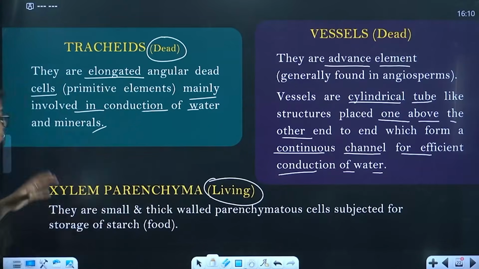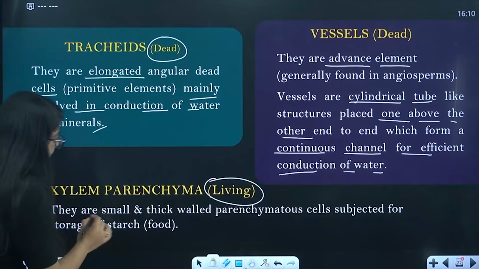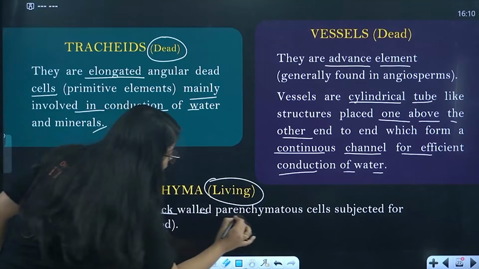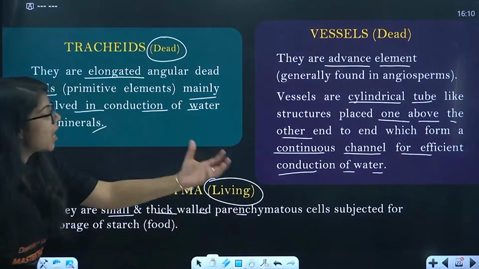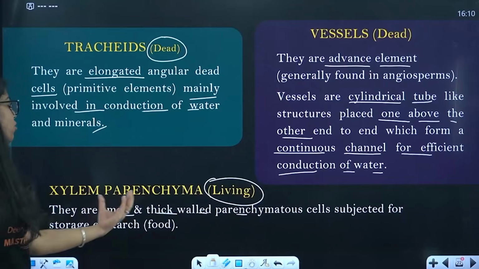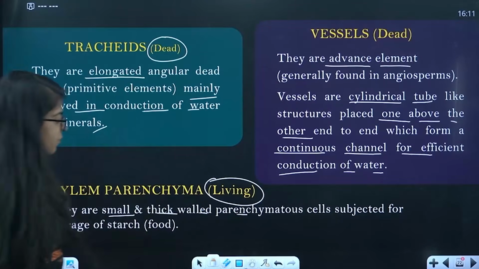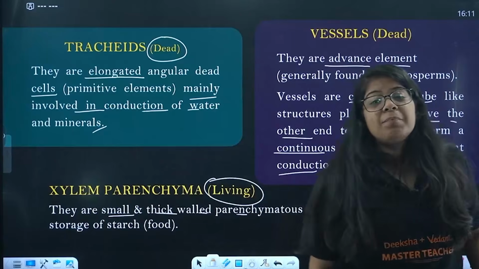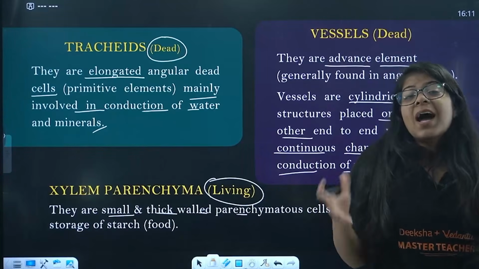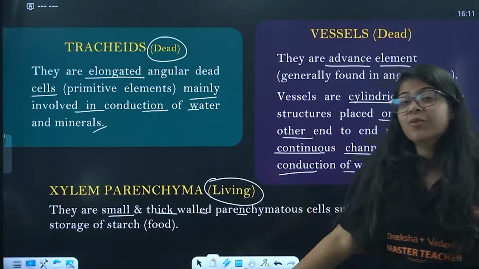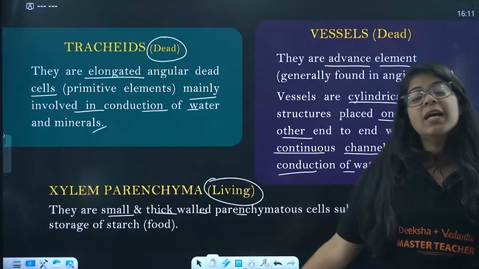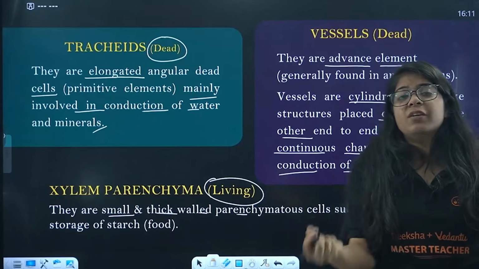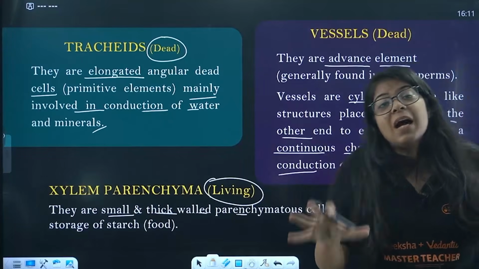What is this part used for? There are small, thick-walled parenchymas which are used for storage of starch or food. So xylem parenchyma basically stores food. Something that is associated with storage of food will always be a living part.